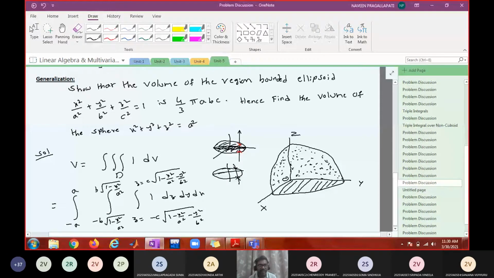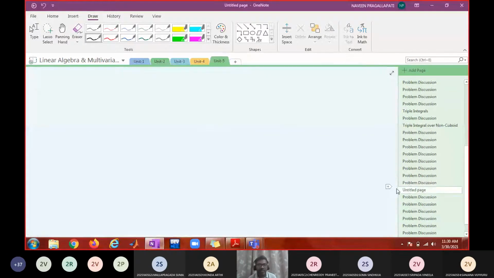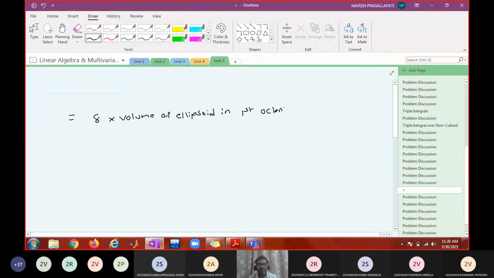Instead of evaluating the entire integral, the volume is 8 times the volume of the ellipsoid in the first octant. So this is equal to 8 times the integral of 1 dz dy dx.